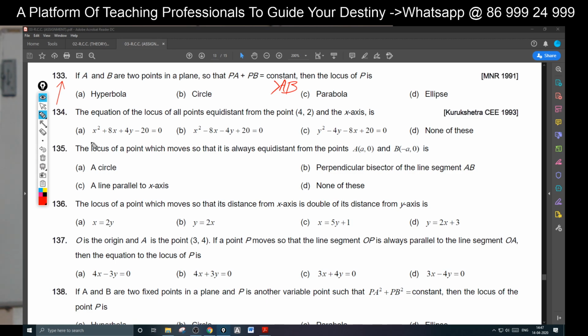That constant must be greater than AB. PA plus PB is equal to constant greater than AB. Yes, it is D. Arun, you answered it. Okay.